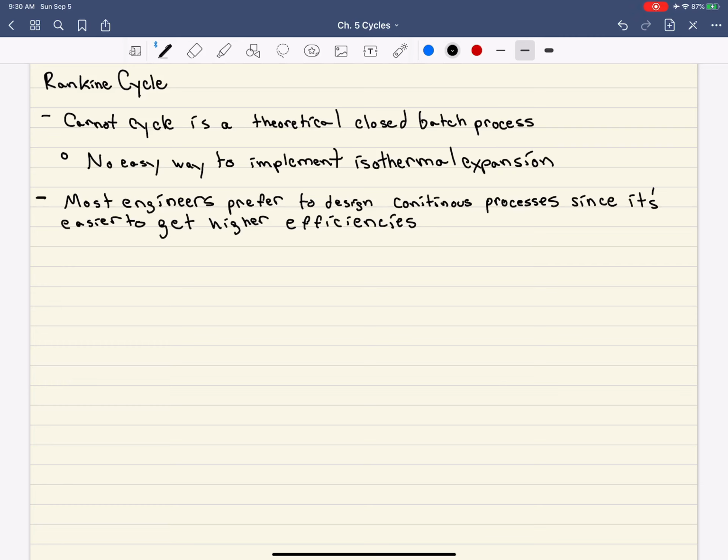One example of a cycle that's a continuous process is the Rankine cycle. This has been applied in real life, and it's a common type of process that you'll see in power plants all across the world.